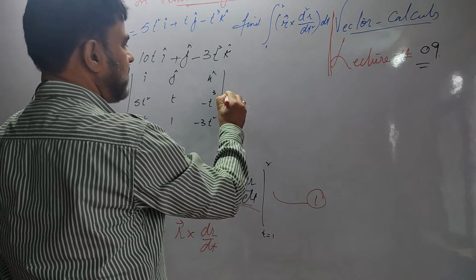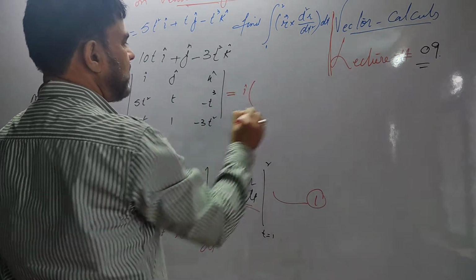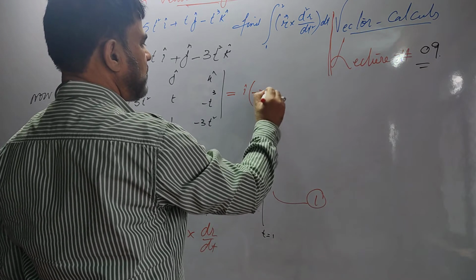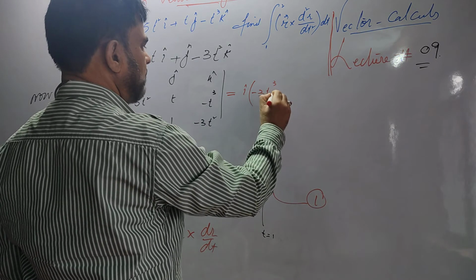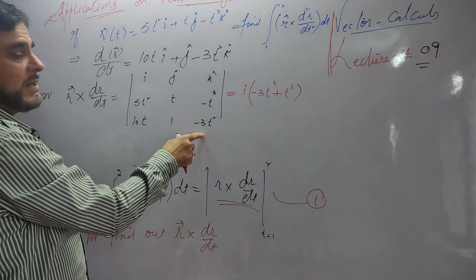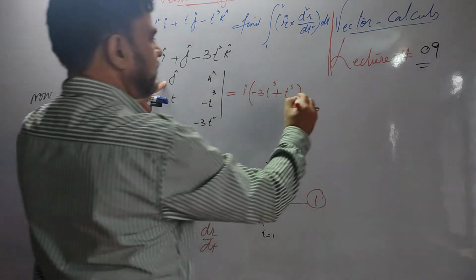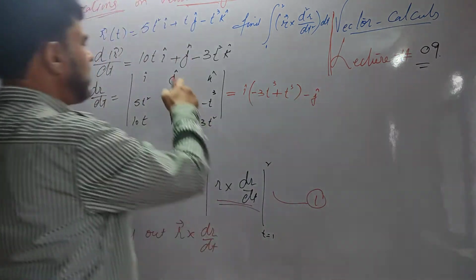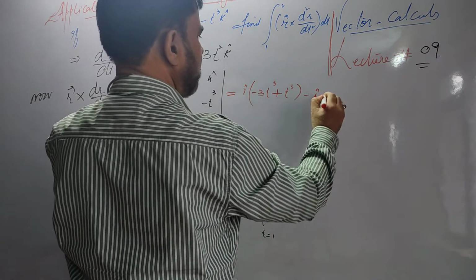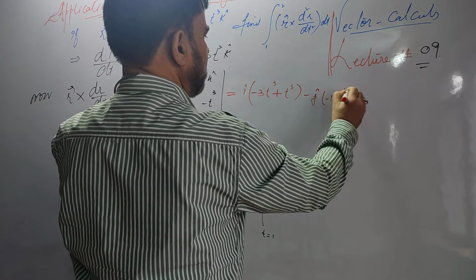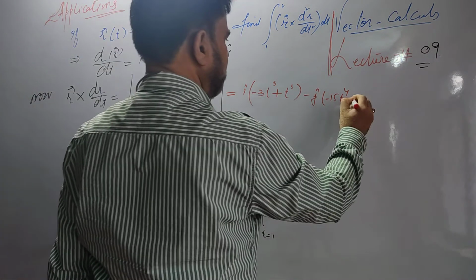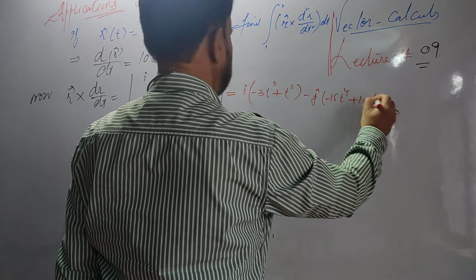What does this give? It is unit vector i into, deleting this row and this column, minus 3t cube plus t cube, then minus j, deleting the row and column in which j lies, minus 15t4 plus 10t4.